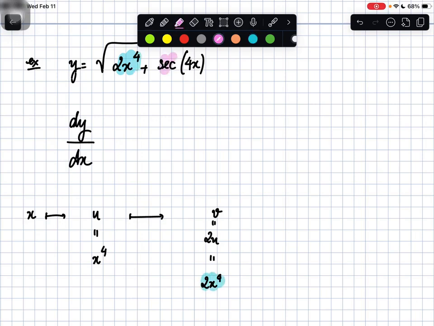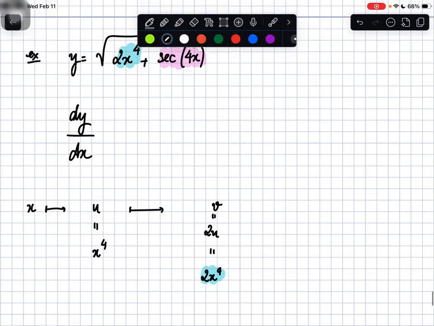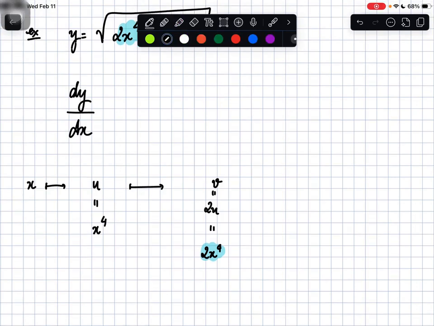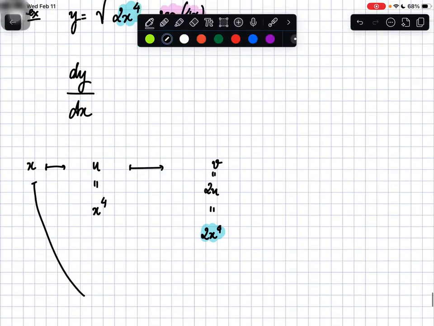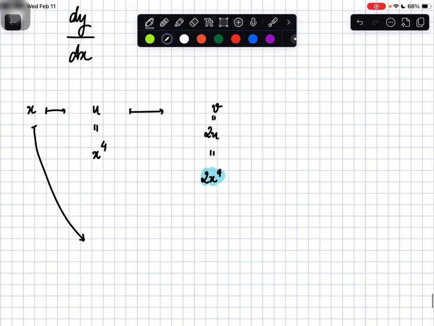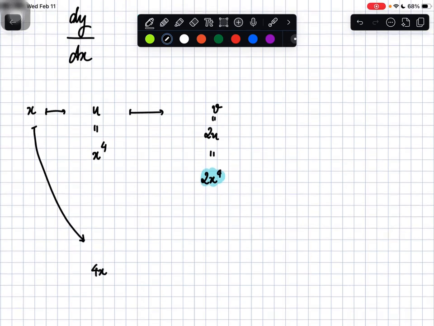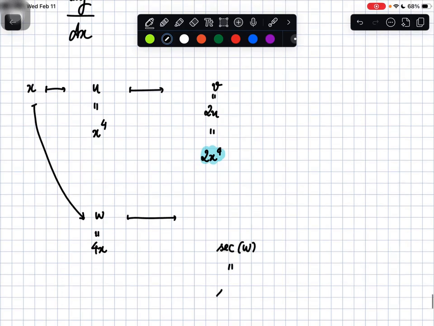Now we want secant 4x, so we go to still x here. We go to 4x, which I call omega. Then we go to secant omega, which is secant 4x.